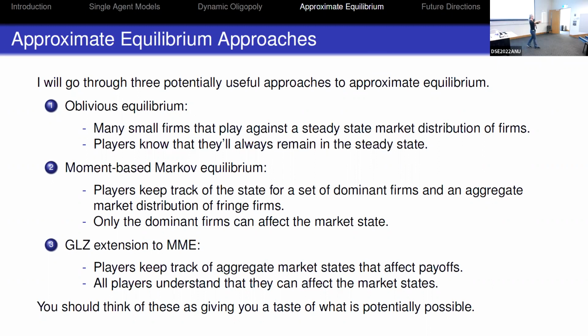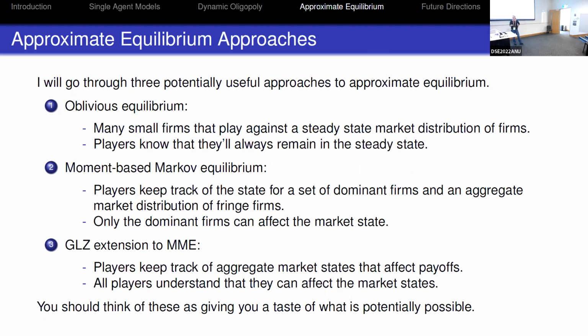Everybody's going to keep track of what the dominant players do, but we're all only going to keep track of that distribution of the fringe, right? So some distribution of investment levels or something like that that the fringe do, and then the dominant firms, we care explicitly who they are. Importantly, dominant firms are aware that they can affect the market state. So I'm aware that if I take this action, you're all going to see it and behave differently than if I don't. Okay, but fringe firms don't do that.